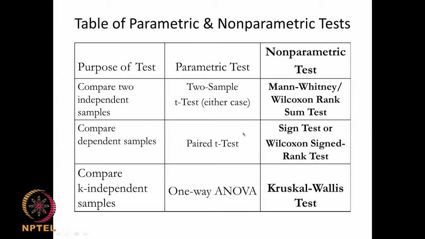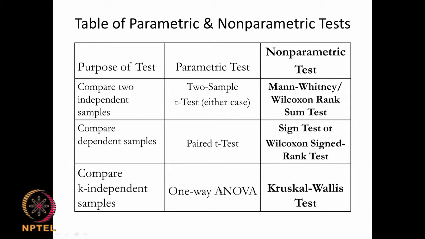If you are doing a paired t test, that means you are using the same subjects for control and test, comparing dependent variables, there is the sign test or Wilcoxon sign rank test. If you are doing a one way ANOVA equivalent, comparing independent samples, there is the Kruskal-Wallis test. Yesterday in the previous class we looked at the rank sum test, sign test and sign rank test.